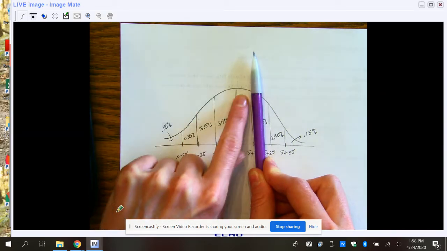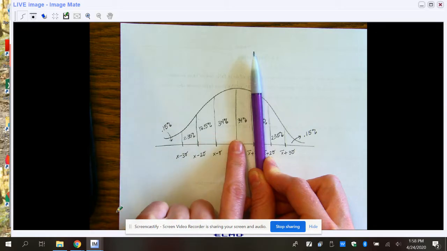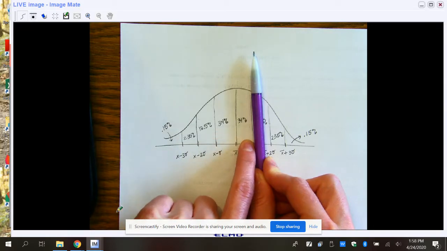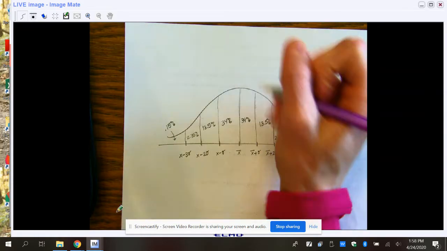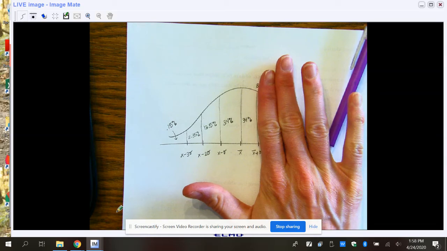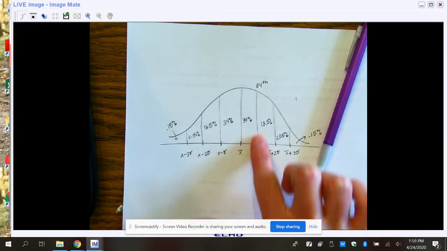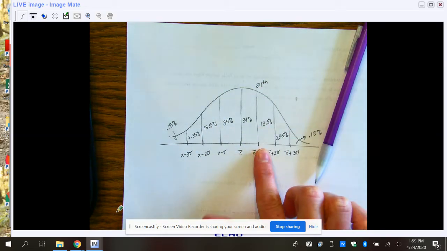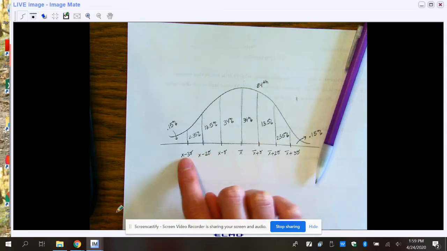So again, we know that the mean cuts our data in half. So this is 50 plus 34 is 84. So that means that this is the 84th percentile. Whatever value this is right here, it's bigger than 84% of your data.